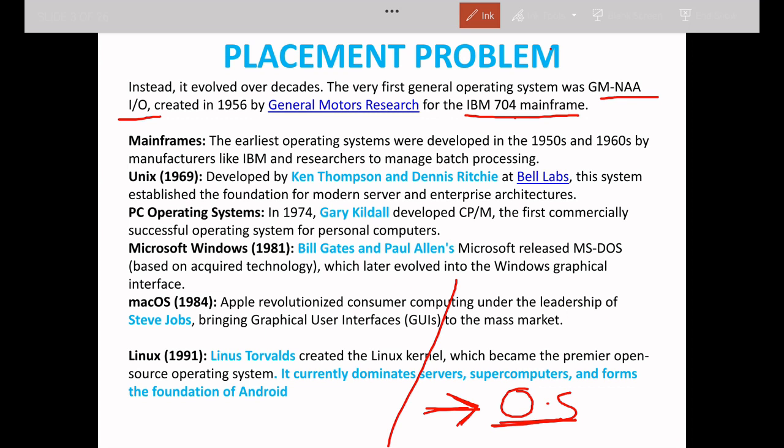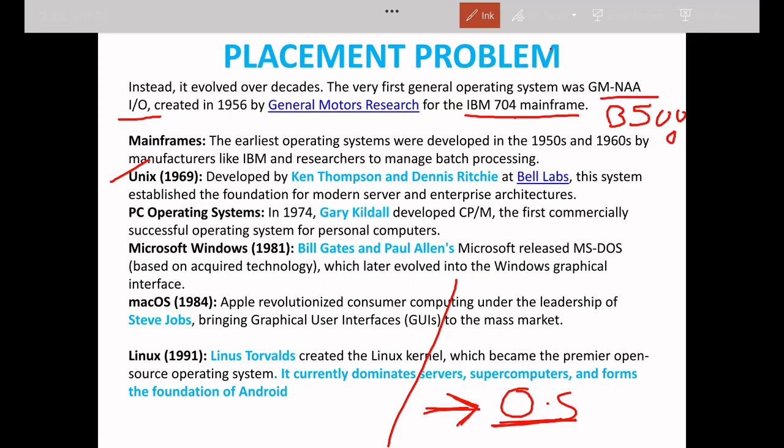Later, the first operating system for a high level language was launched. It was B5000, I am writing here.